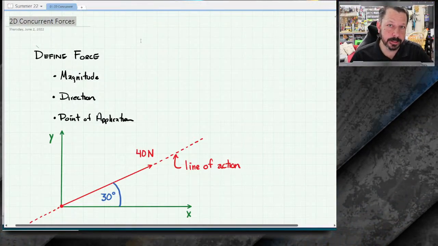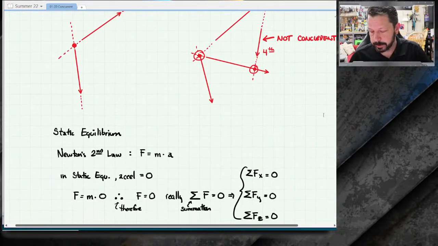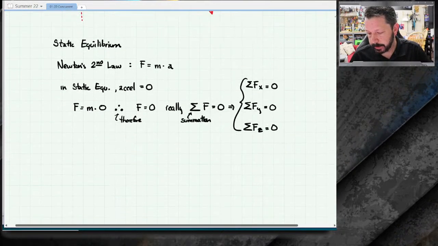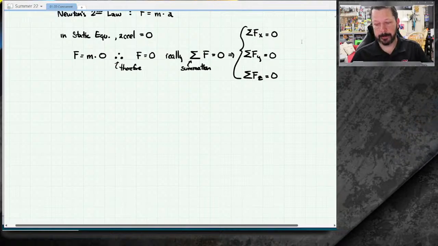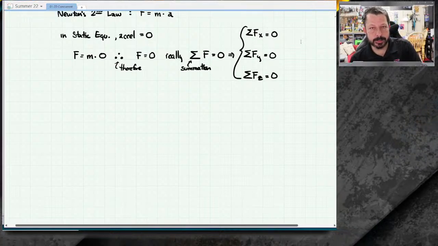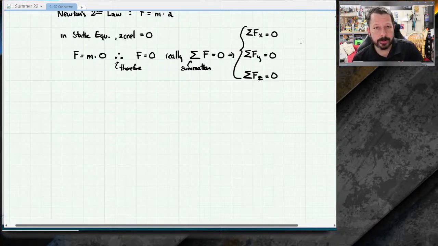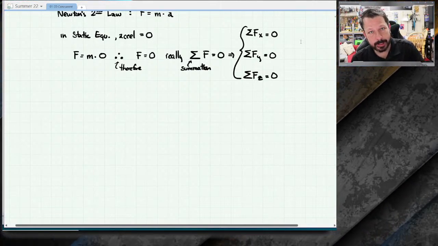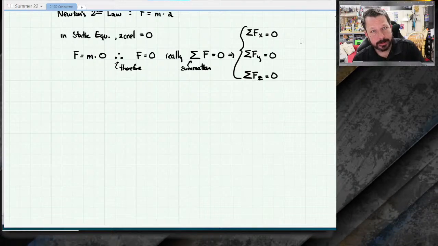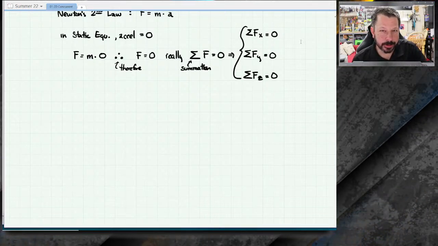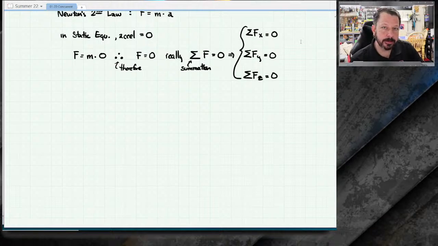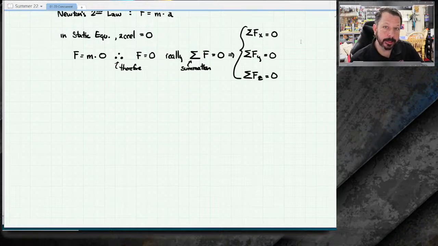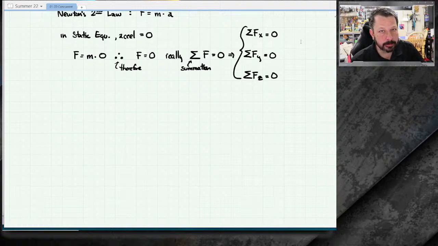I don't have the z direction today. So x and y forces have to add to 0. So what that means is that for every amount of force that I push in the x direction to the right, I'm assuming x is horizontal, then I have to push an equal amount in the x direction to the left. And same thing with up and down in the y direction.